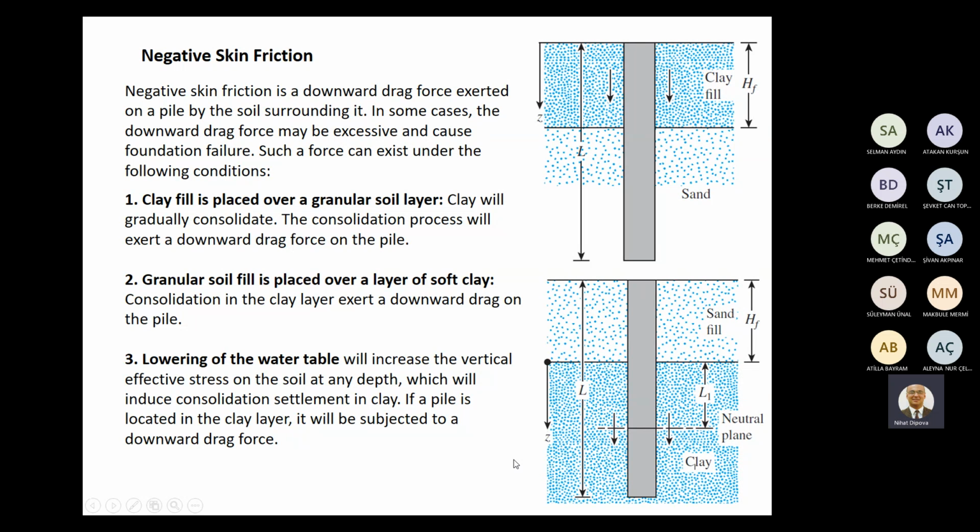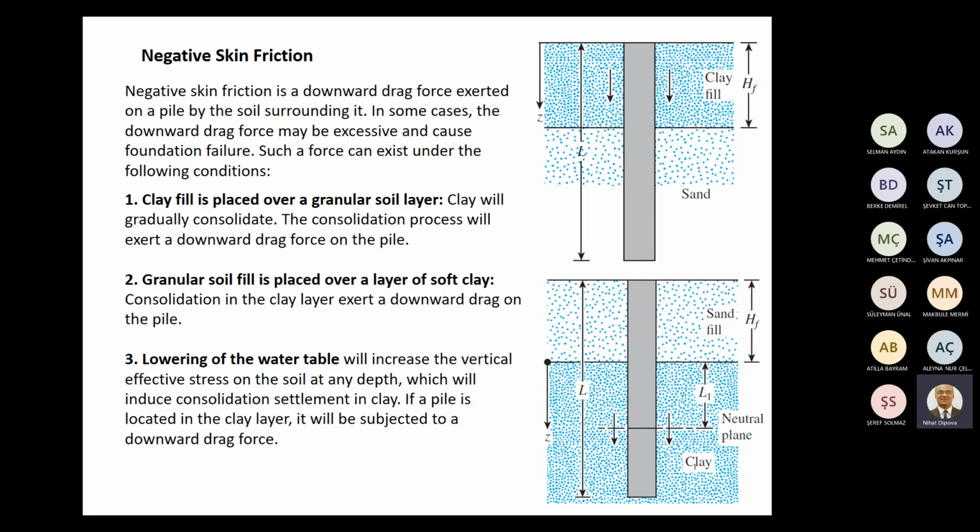The third case may be lowering of the groundwater table. A groundwater table decrease may increase the vertical stress on the soil, and this will induce consolidation settlement in clay.